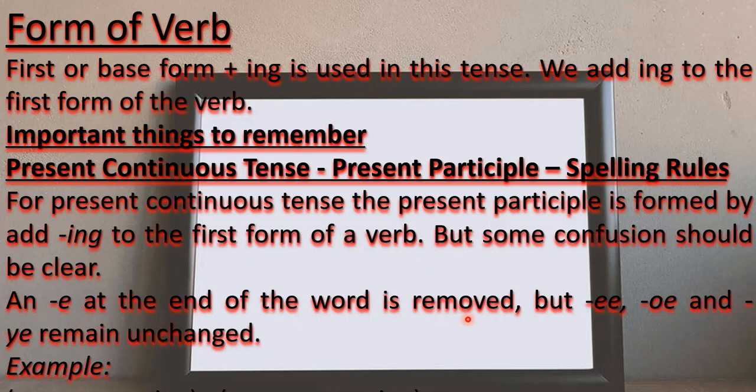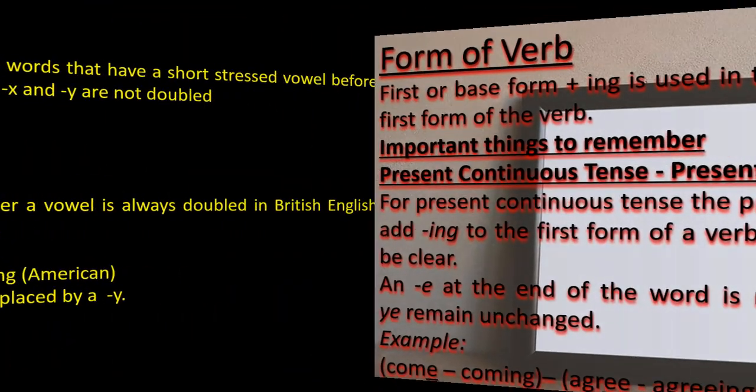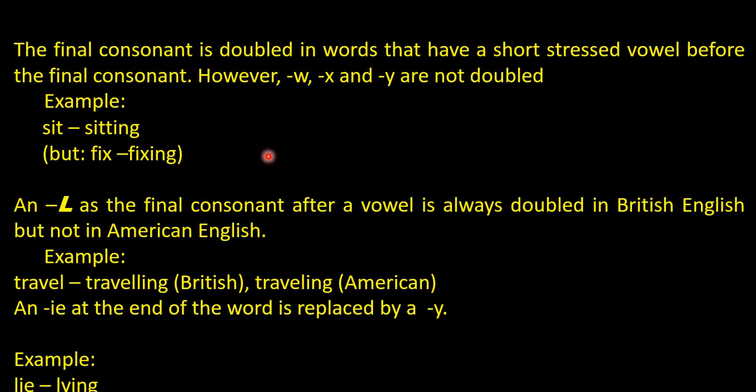But some confusion should be cleared. Silent e at the end of the word is removed, but double E, OE and YE remain unchanged. For example, come, coming. Agree ends with a double E, and we are not removing anything, we are just adding ing: agree, agreeing.